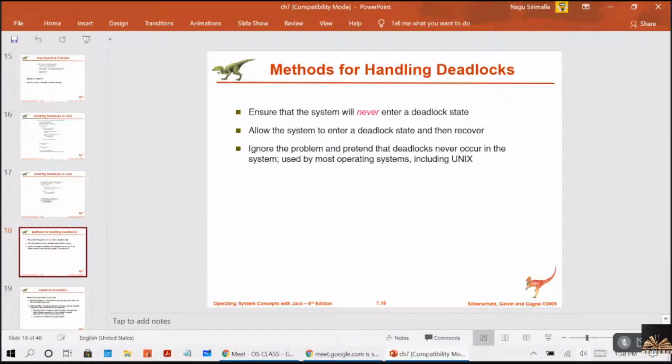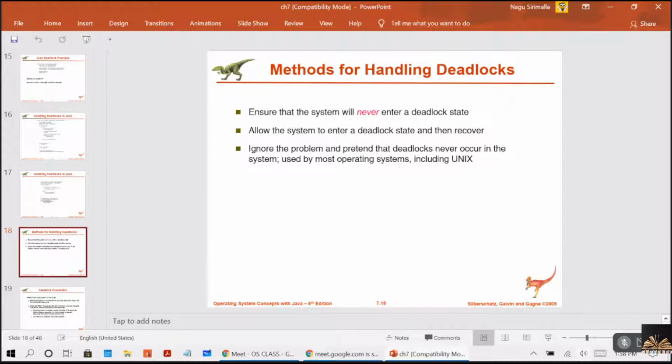And last, it is very simple. What you have to do is ignore the problem and pretend that deadlock never occurs in your system. This is used by most operating systems, including Unix. You ignore it even if deadlock occurs, and don't do any actions for the deadlocks.